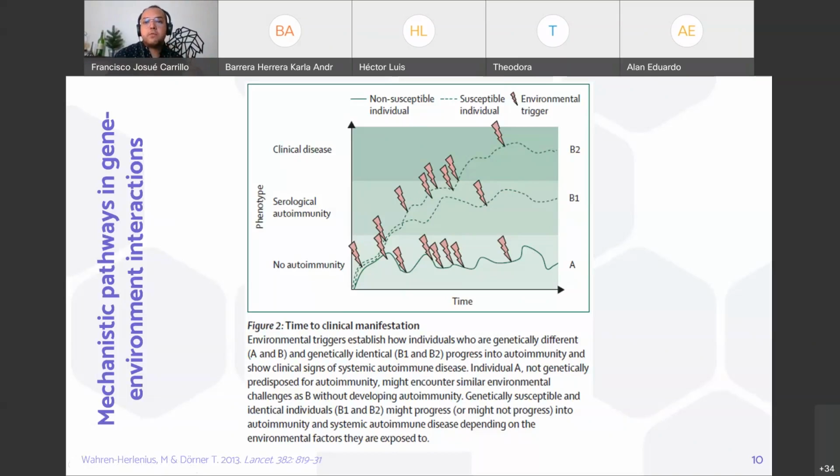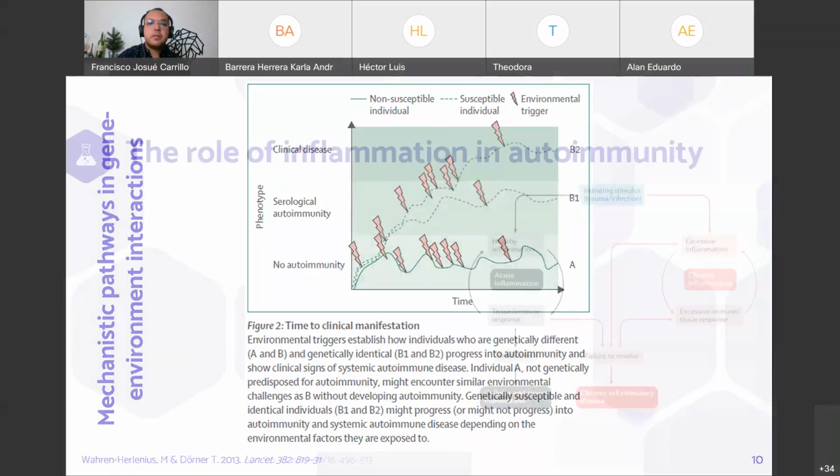In contrast, a subject or patient that has the genetic predisposition and so many factors in their environment could lead, several years later, to the manifestation of signs or symptoms that could end in the manifestation of clinical disease.